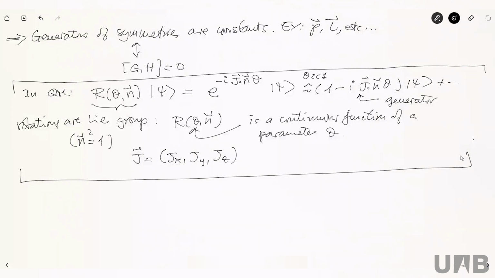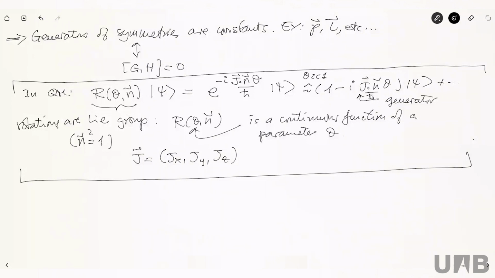Other comments or questions? There should be an H bar here. In quantum mechanics, you always put an H bar. I'm sorry. For me, H bar is always 1, so that means there is an H bar here.